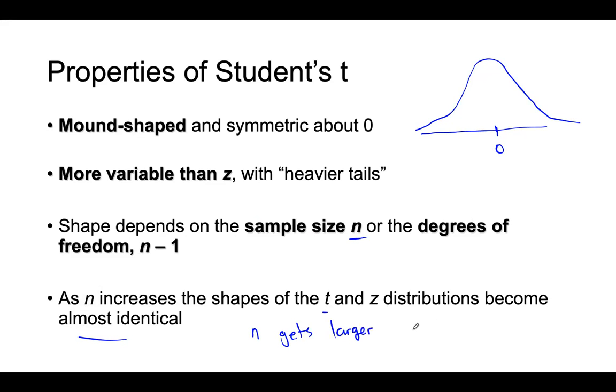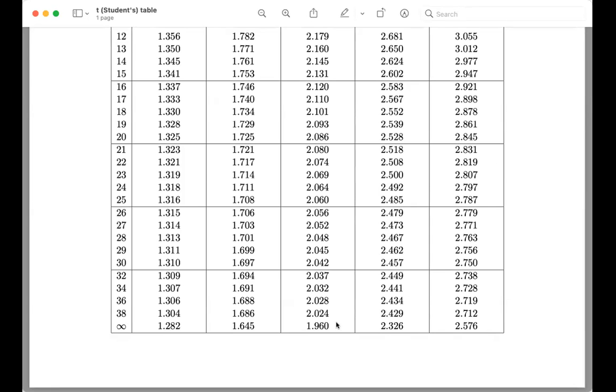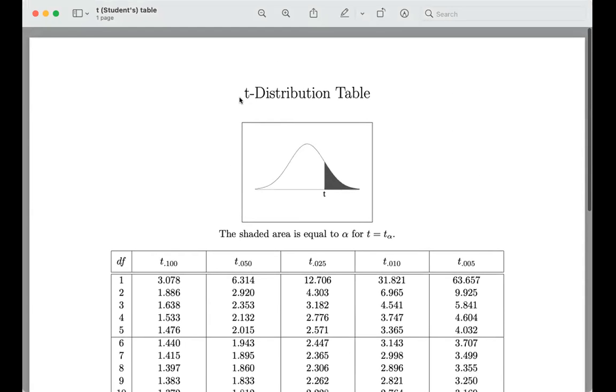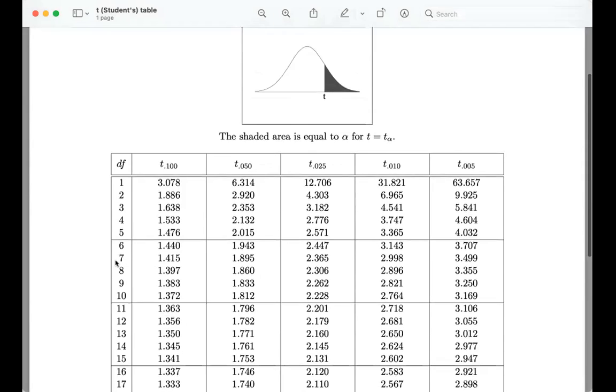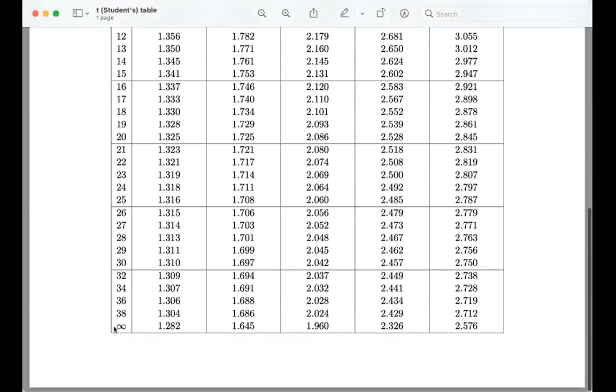We see that basically T approximates the Z distribution. And you can see that in the table. So back to the T distribution, as you see, as the degrees of freedom, or basically our N, increases and gets larger, we see that it approximates these numbers, 1.96.